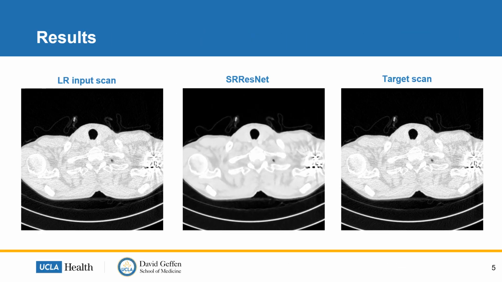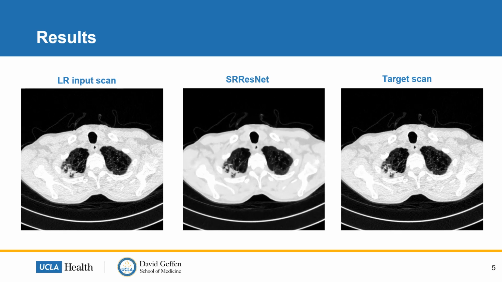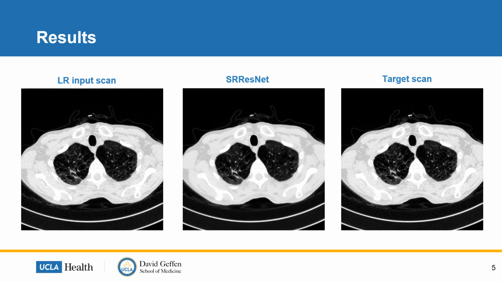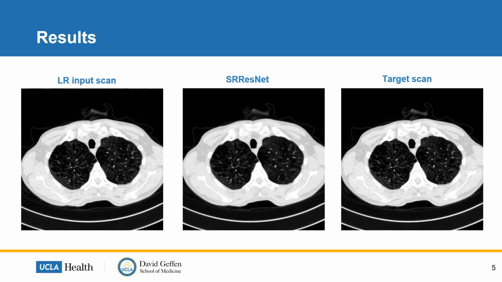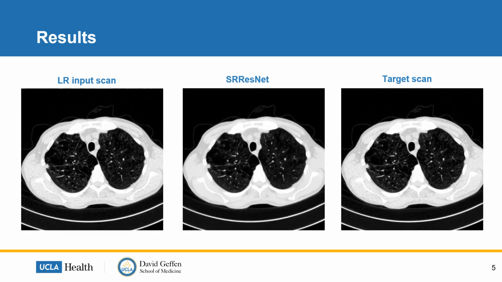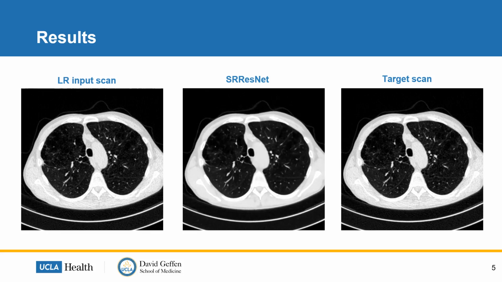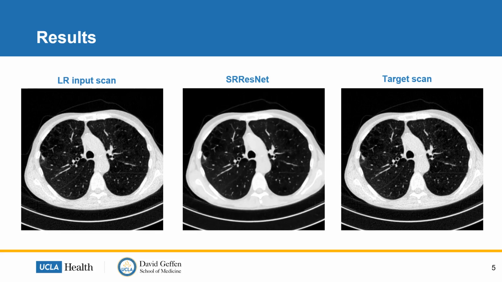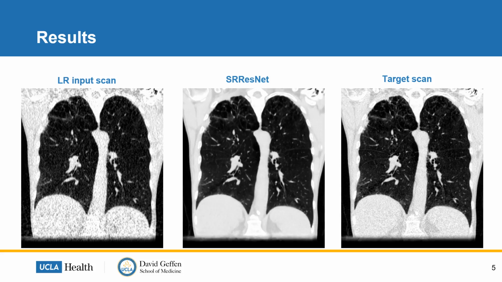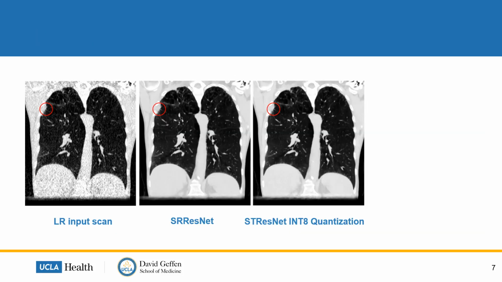So here we show some examples of super-resolved images along with the input and the target. The baseline SRResNet is able to denoise the low-dose input CT and improve the image quality to be much like the target scan. We combined the 8-bit quantization with our spatial-temporal network.